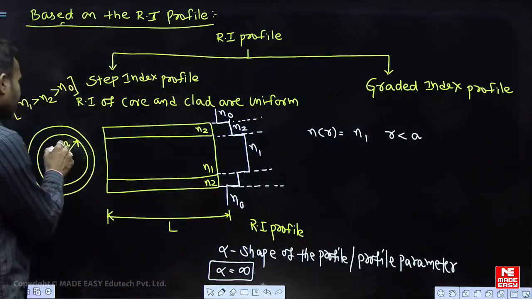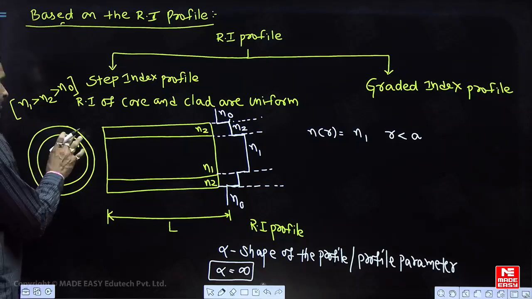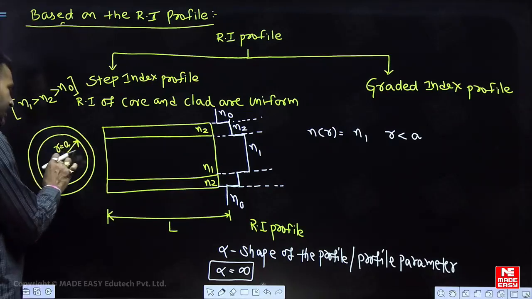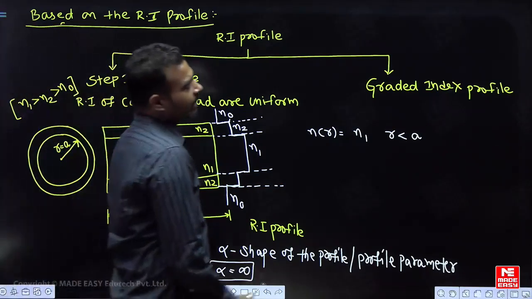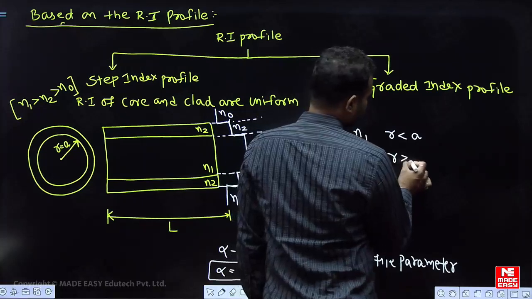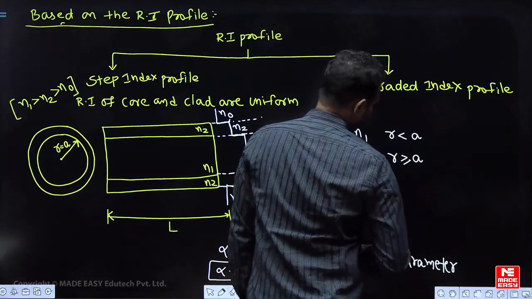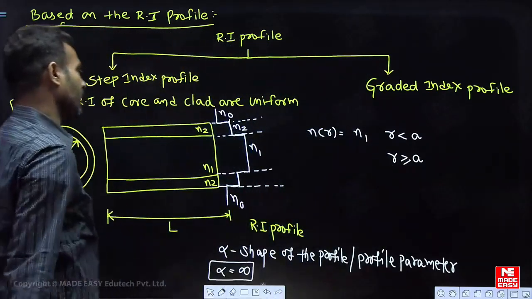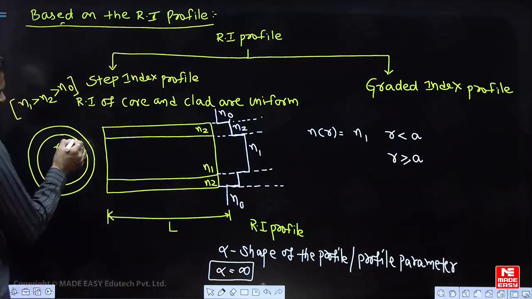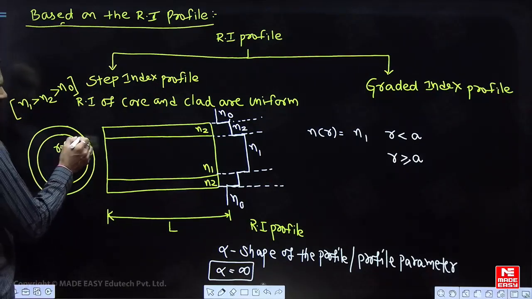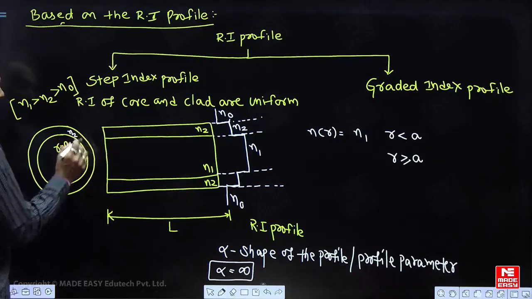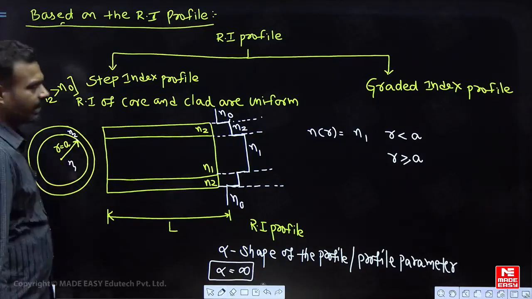If you see here, the refractive index is changing with respect to radius. When r is less than a, the refractive index is N1. When r is greater than or equal to a, it goes to refractive index N2. This refractive index is N1.